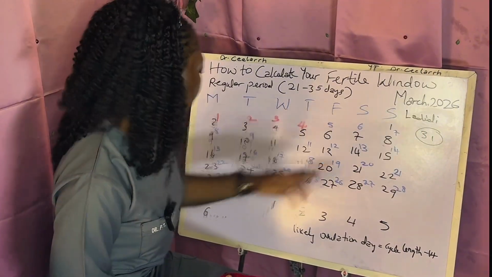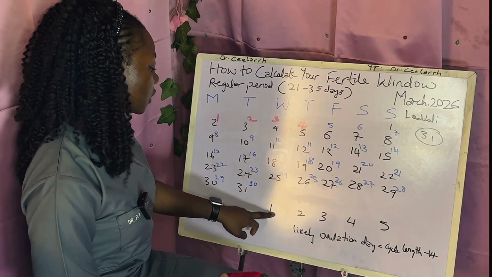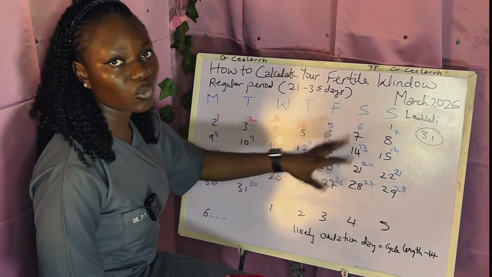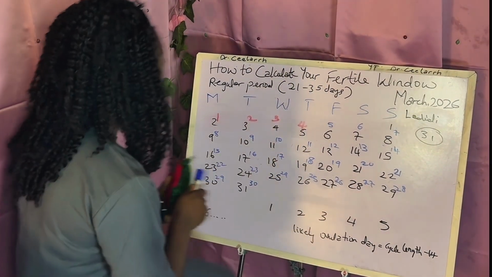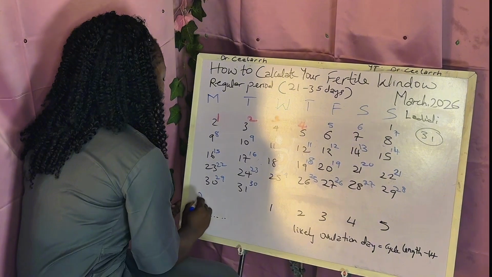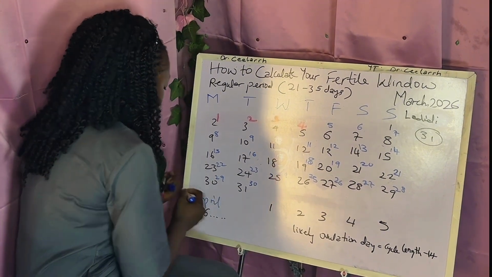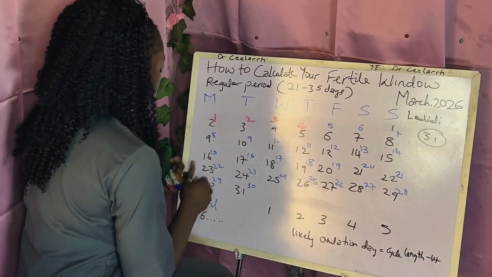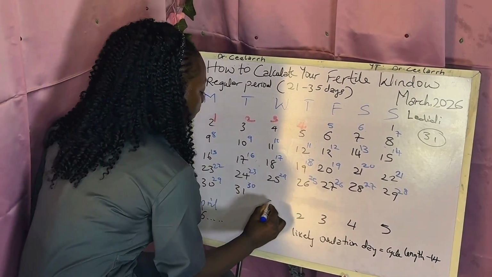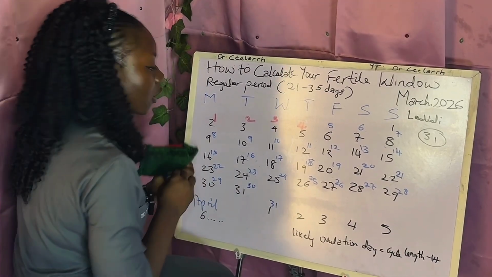So if it's 31 days, you need another day to make it a 31-day cycle. That means it has crossed from March into April, so our calendar has extended to April. This is the 31st day of her cycle, the last day of the cycle.